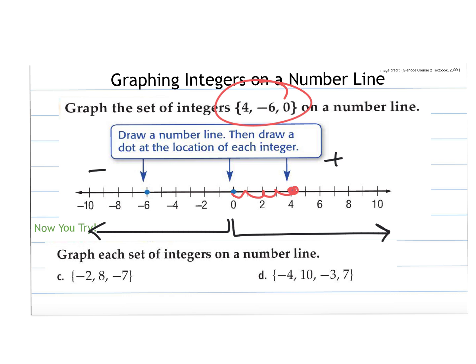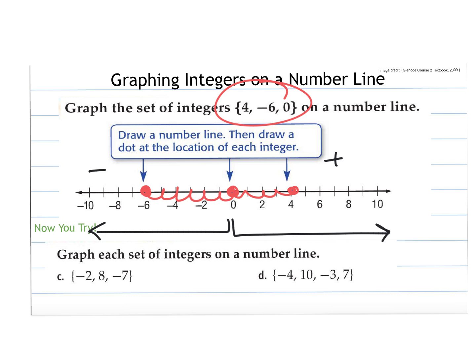And then -6. We start at 0 and count backwards on the number line. -1, -2, -3, -4, -5, -6. So -6 would be right there, and then 0 would be right on 0.